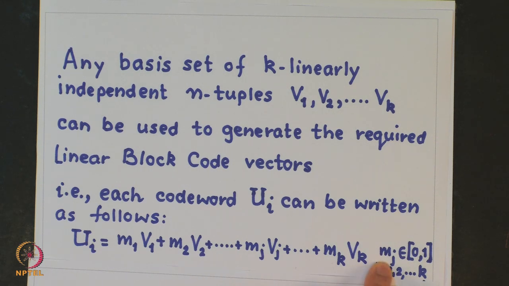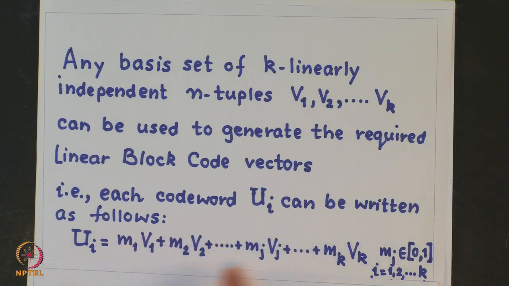So, your mj is going to be 0 or 1 and your i will be from 1 up to k, because the dimension of the subspace representing the linear block code is k.